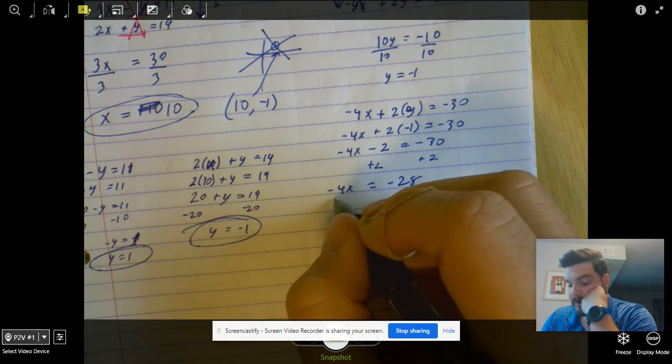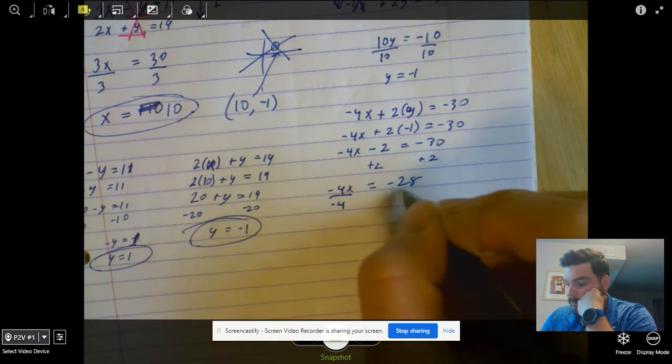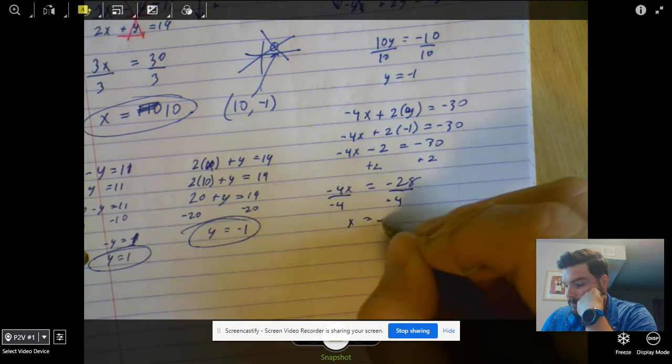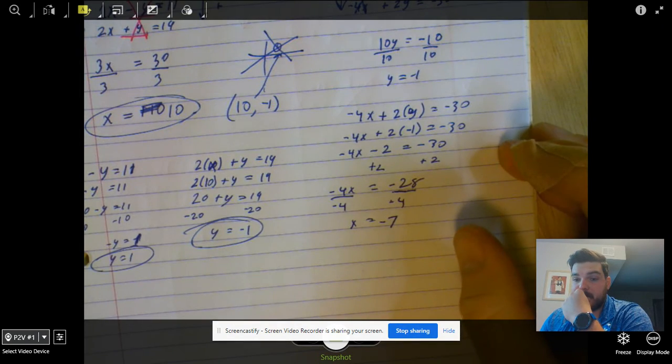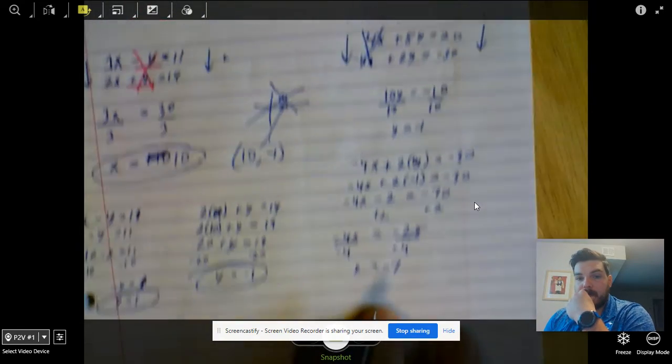And then now I have negative 4 times a number equals negative 28. So negative 28 divided by negative 4, x equals negative 7. That's all there is to it. You can see that we have the same thing.